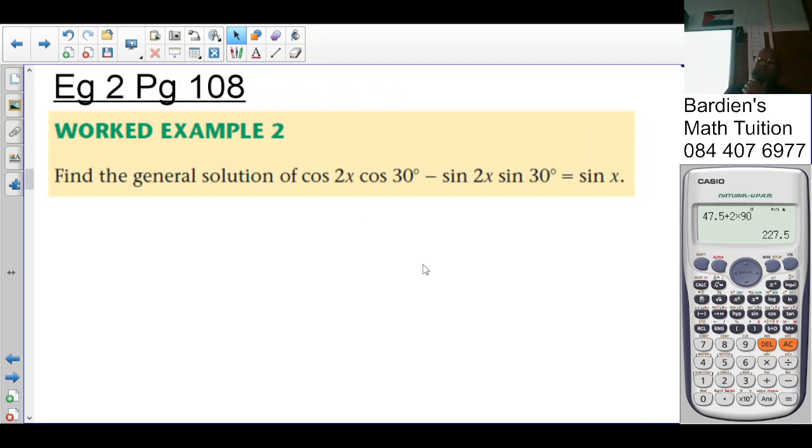Find the general solution of cos 2x cos 30 minus sin 2x sin 30 equals sine of x. So what's going to happen here?